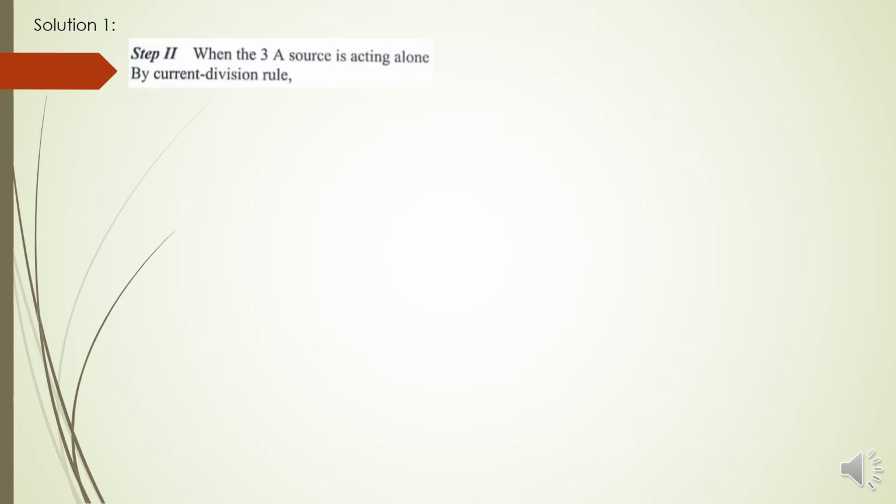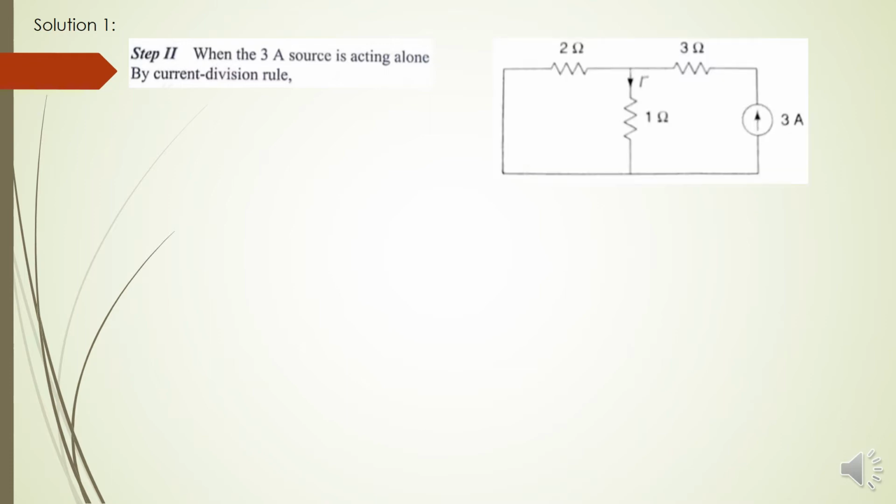Then step 2, when the 3 ampere source is acting alone, the other sources are dead. Again by using the current division rule, the current flowing through this 1 ohm resistance is calculated. Again the direction is downward.